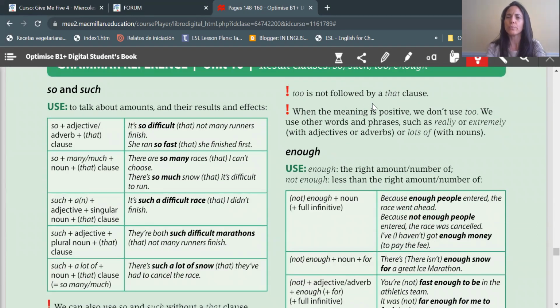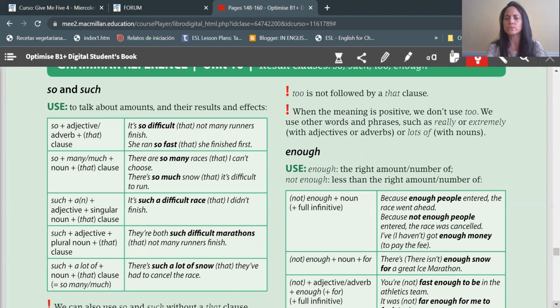Too is not followed by a that clause. When the meaning is positive, we don't use too. We use other words and phrases such as really or extremely with adjectives or adverbs, or lots of with nouns.